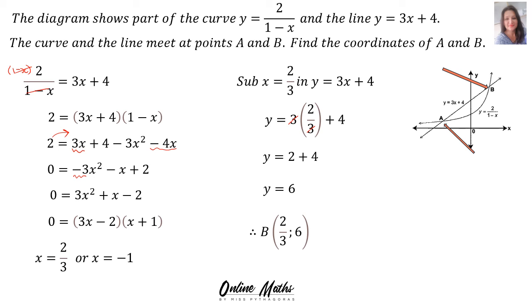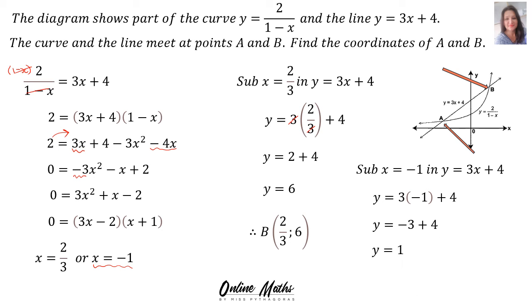And then to get A's coordinate, we will take this other x we found, x is equal to negative 1, and we will substitute into the straight line. Either of the two, I chose the straight line. Therefore, y is equal to 3 bracket minus 1 plus 4, y is negative 3 plus 4, y is equal to 1. And therefore, A's coordinate is the point negative 1 and 1.